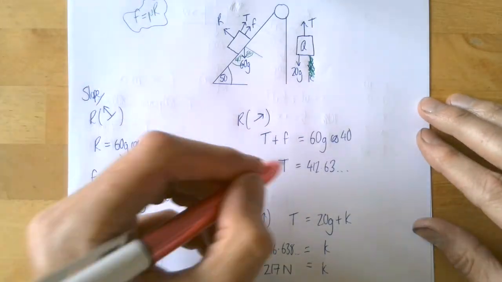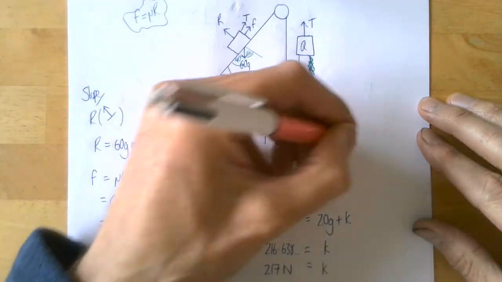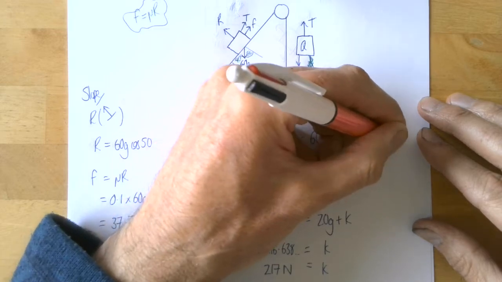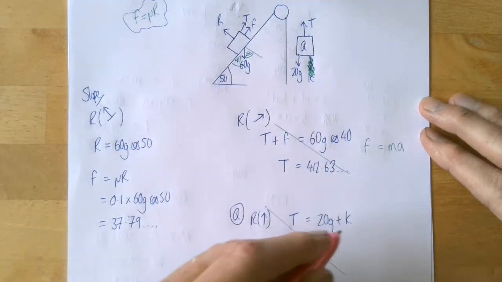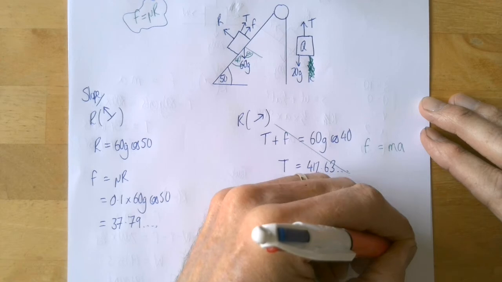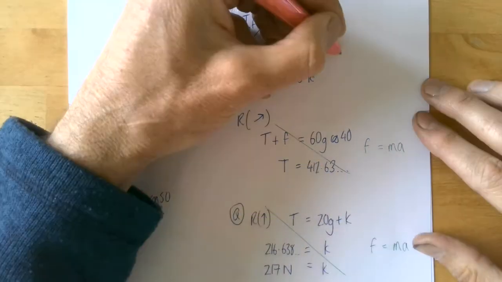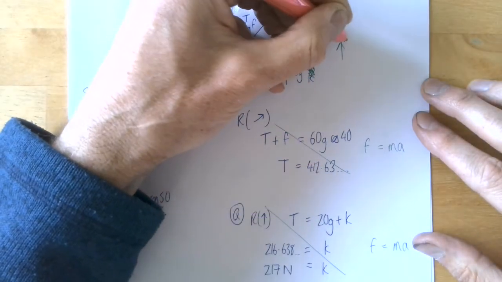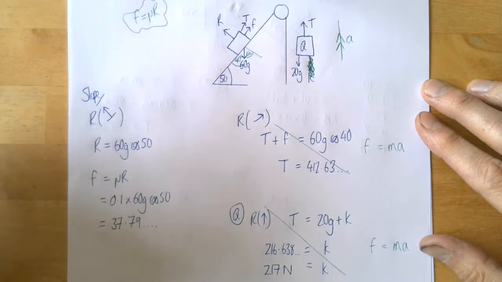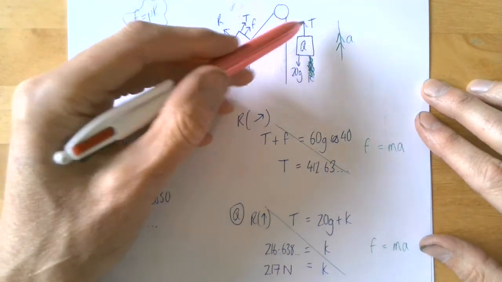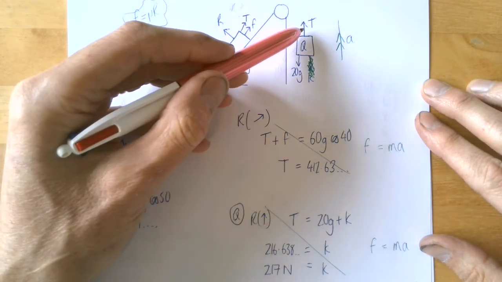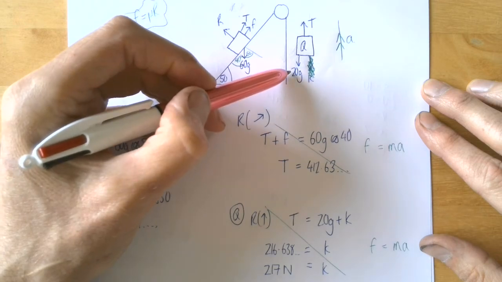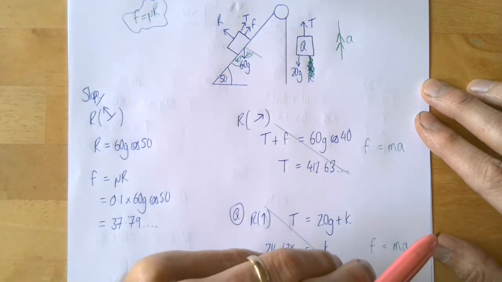Whereas what I need to do is now turn them into F equals ma equations, because it's going to start accelerating, and it's going to accelerate in this direction here, isn't it? So for this block, I'm going to have that, take away that, equals mass times acceleration.